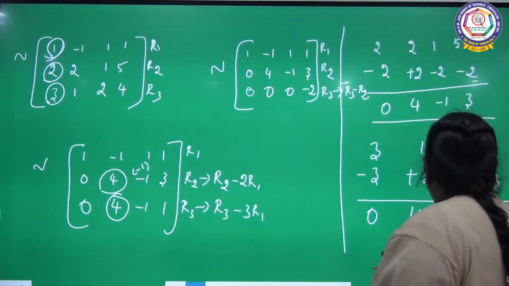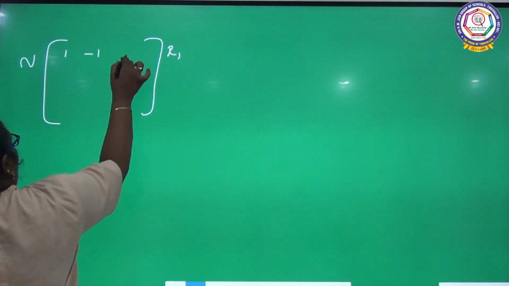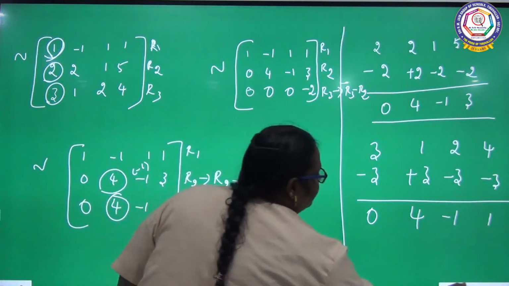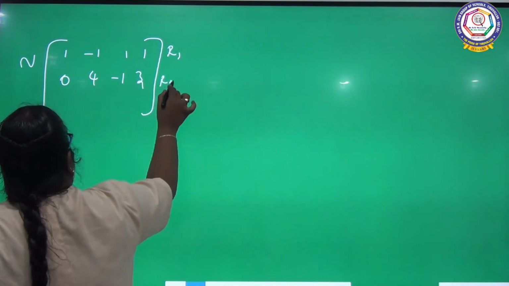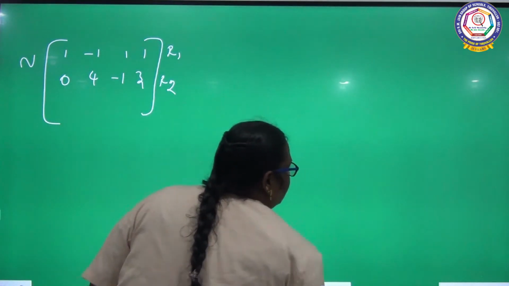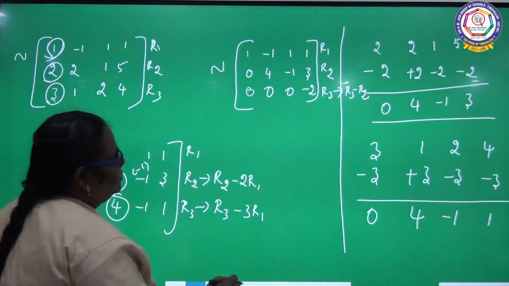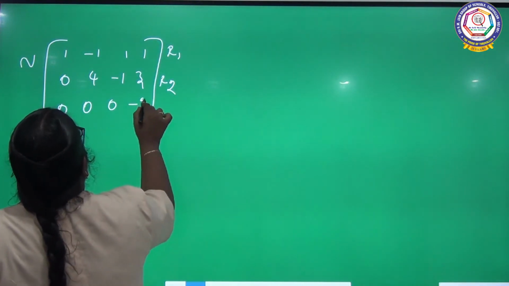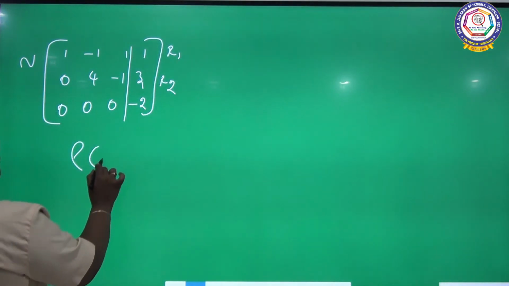I will write the next one. 0, 4, -1, 3. What is R3? 0, 0, 0, -2. What is the rank of A?